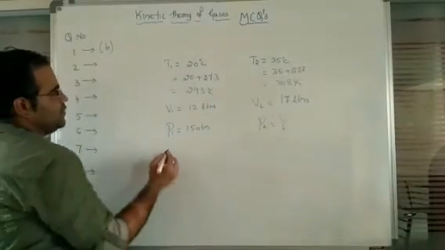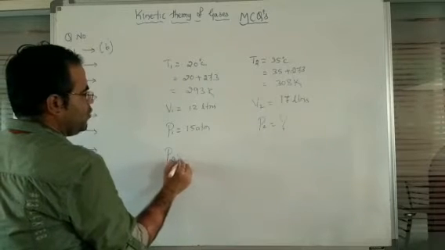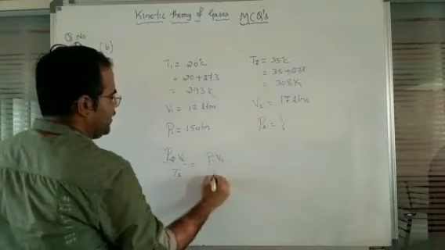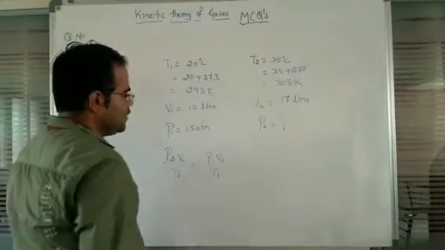From the given data, P2 into V2 divided by T2 is equal to P1 into V1 divided by T1.